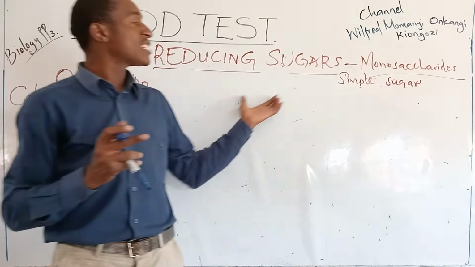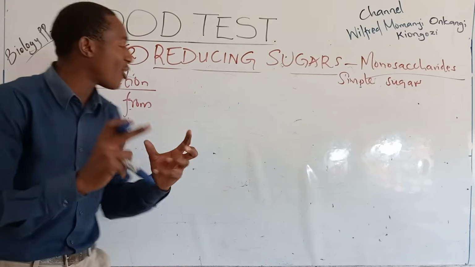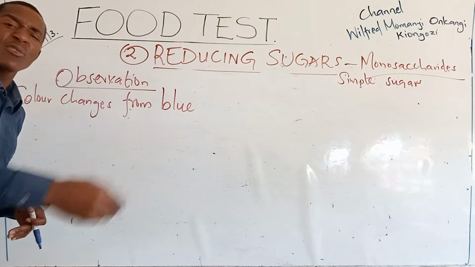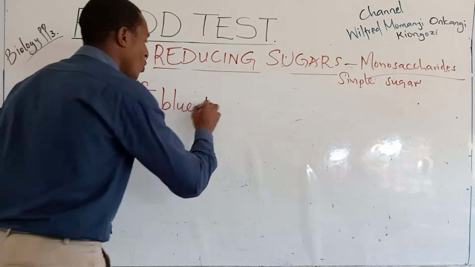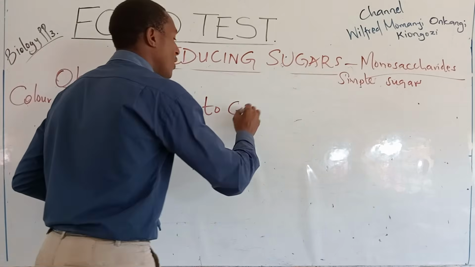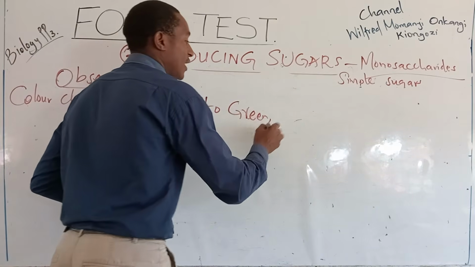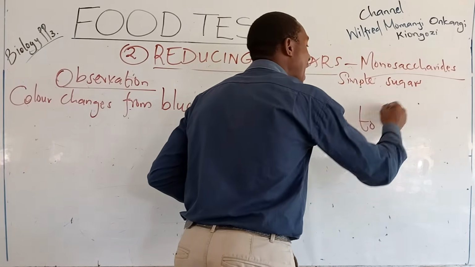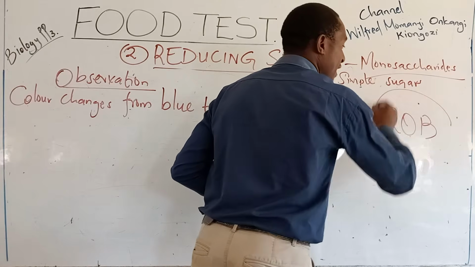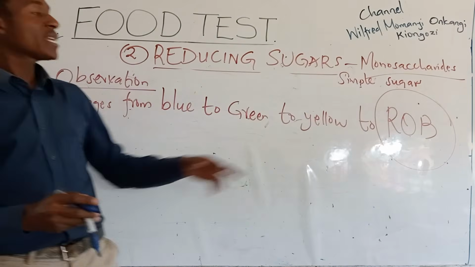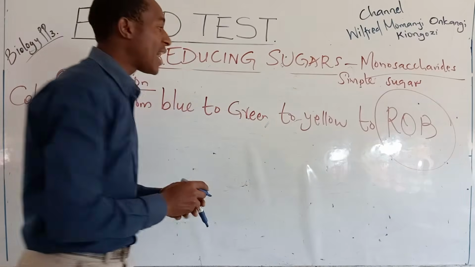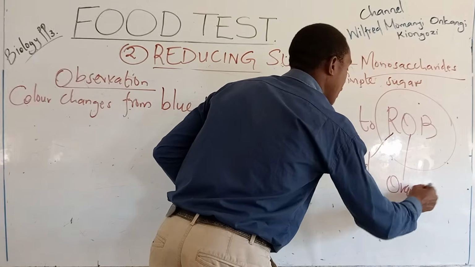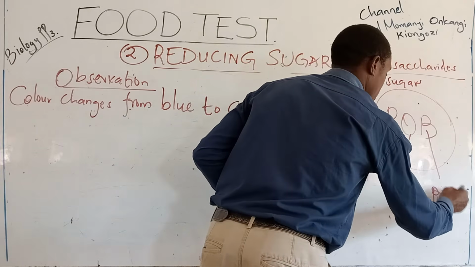When you mix the food substance with the Benedict's solution, the original color is blue. Color changes from blue, then we have a sequence of colors: blue to green, to yellow, to ROB. This is not one color. This is a collection of 3 colors. R stands for red, O stands for orange, and B stands for brown.